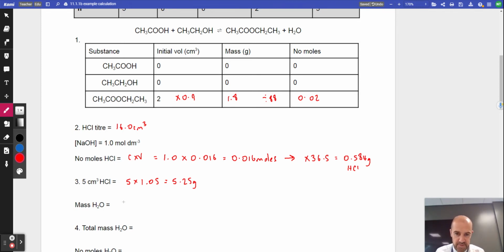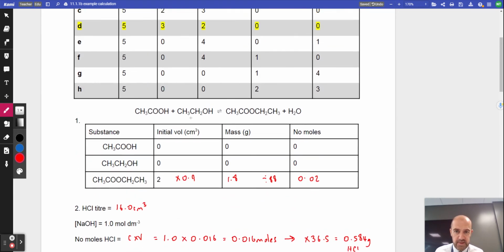To work out how much of that was water, I'm going to do 5.25 minus the mass of the HCl, which was 0.584, which gives me a mass of water in this experiment of 4.66 grams. So that's the mass of water in the mixture which comes from the hydrochloric acid.